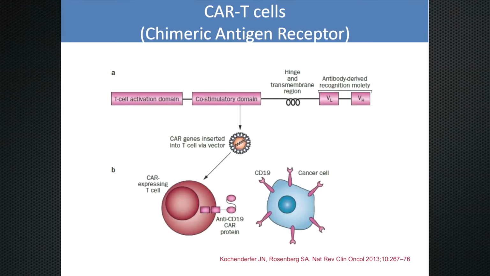And during that time, you can deplete the normal lymphocytes with chemotherapy and then give to the patients these activated T cells carrying the chimeric antigen receptors, which will produce many chemokines and mainly a high level of anti-CD90 chemokines.